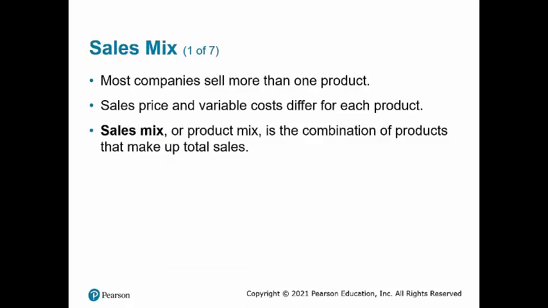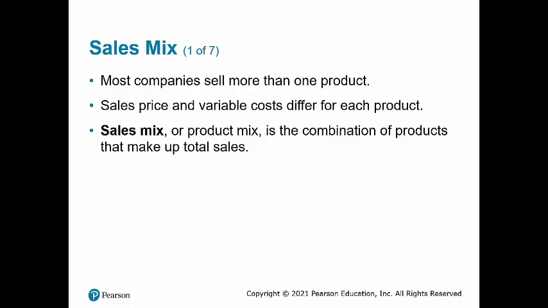Most companies sell more than one product. Sales price and variable costs differ for each product, so each product makes a different contribution margin to profits. The same CVP formulas we used earlier can apply to a company with multiple products. To calculate the break-even point for the company, we must compute the weighted average contribution margin of all the company's products.